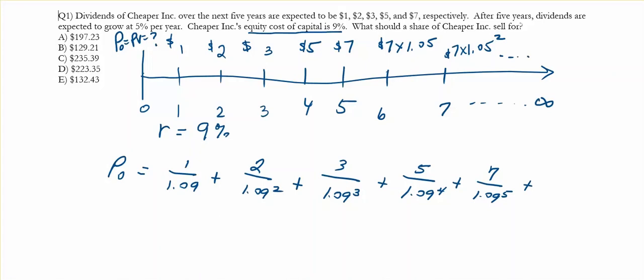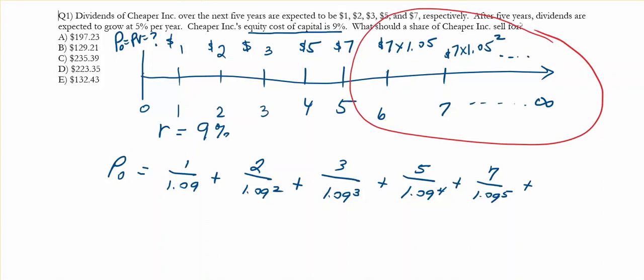But when we get to this part, notice that is a growing perpetuity. And so we're going to use the dividend in year 6, divide by R minus G. Now what I wrote so far is called the terminal value, and it's the value here at year 5.